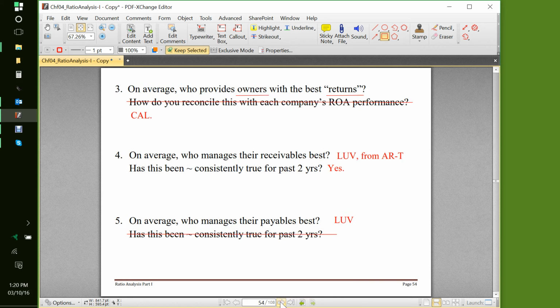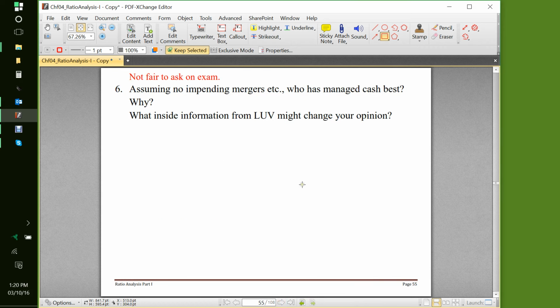All right, so let's go back and answer this. Who has managed cash best? So I'm just going to go ahead and say Cal, and I'm just going to say best cash level ratio.